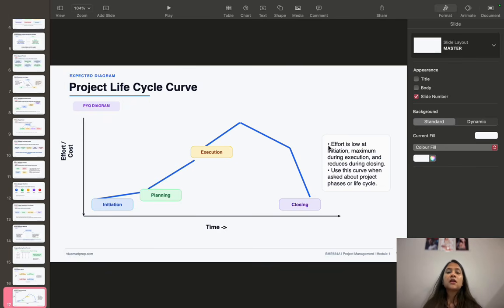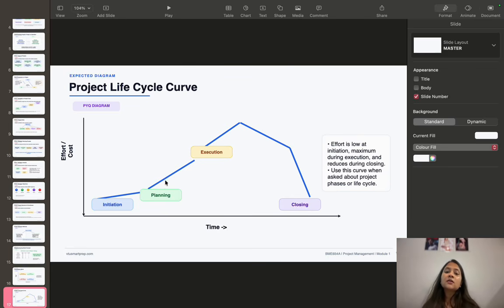The project life cycle contains four main phases: initiation, planning, execution and closing. In the initiation phase, effort and cost are very low because the project is only being started. In the planning phase, effort slowly increases because detailed planning is done.